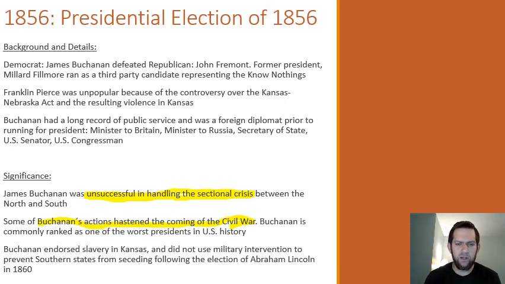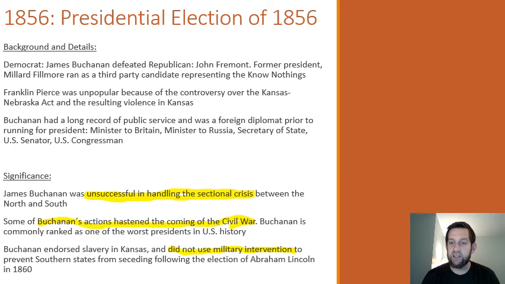So we really needed military intervention to kind of keep the peace and to really keep the sections of the country together, but also cooperating with the laws of the country, right? Buchanan was so afraid to use the military. He's afraid to be either too pro-slavery or too anti-slavery. And sometimes when you don't pick a side, you pick no sides.